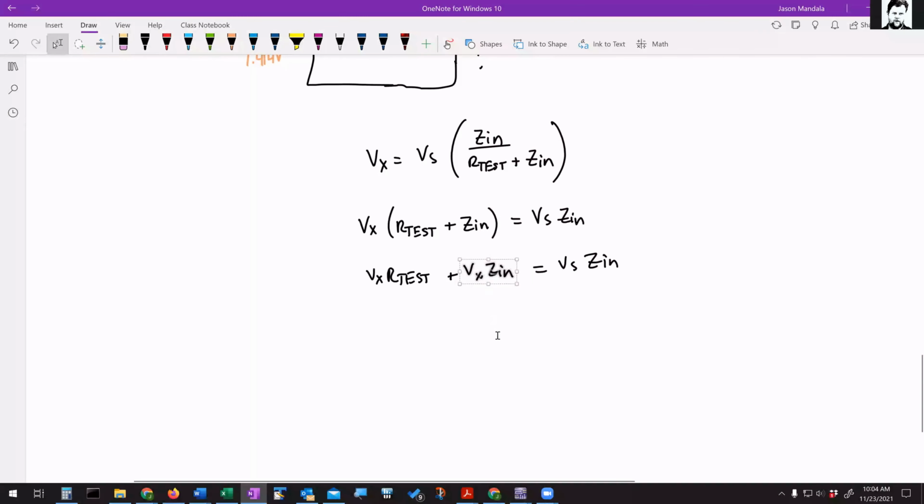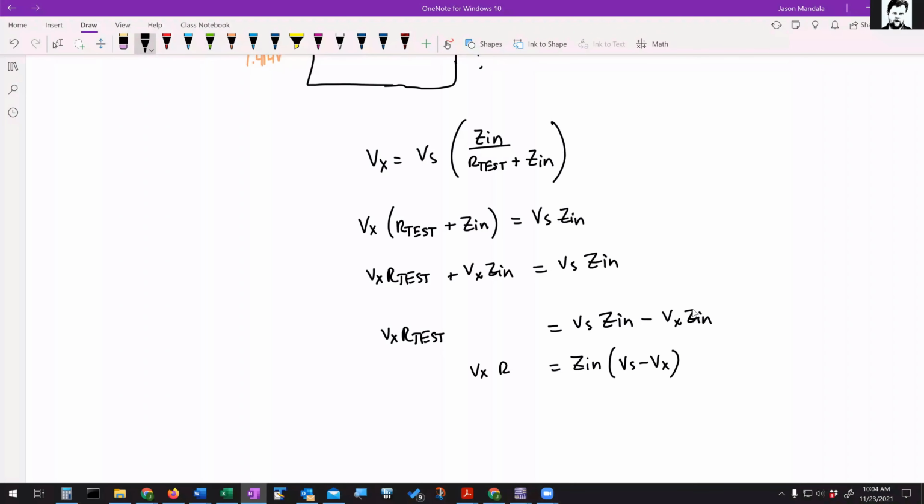So I want to move that to the other side by subtracting from both sides. Then I'm going to factor it out, so I'll have Zin by itself: Zin times (Vs minus Vx) equals Vx R test. And then lastly, you can divide both sides by Vs minus Vx, and you'll get Zin equals Vx R test over (Vs minus Vx).